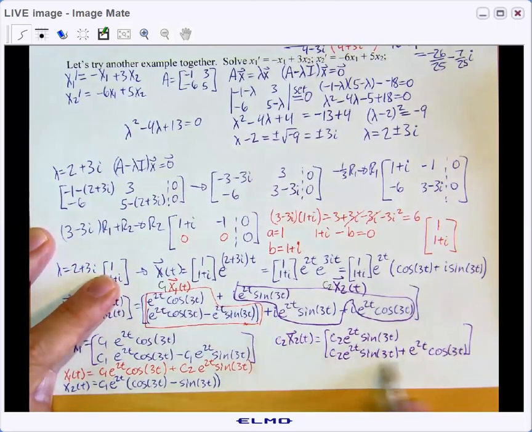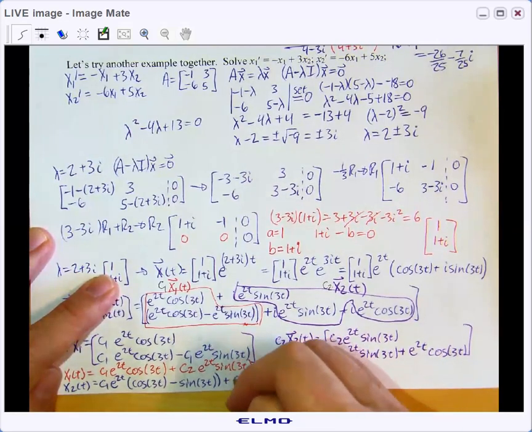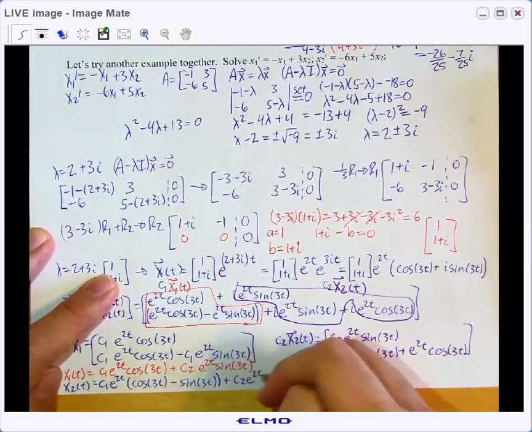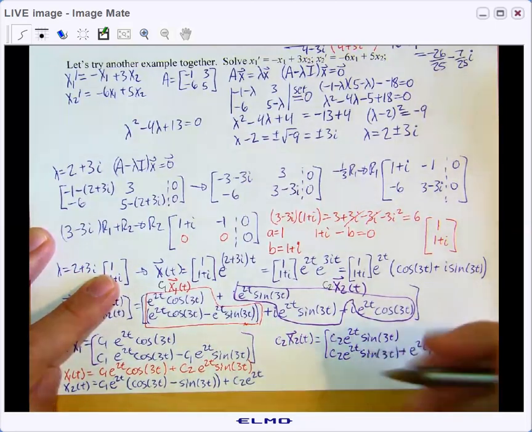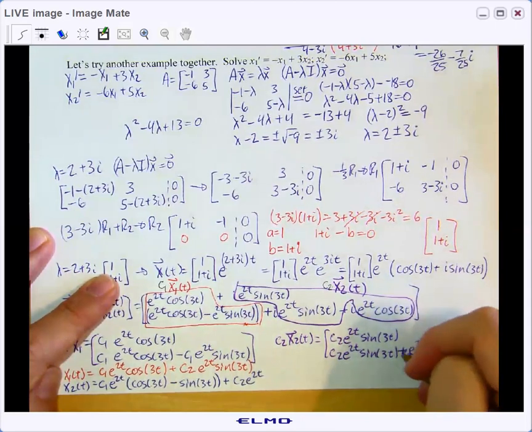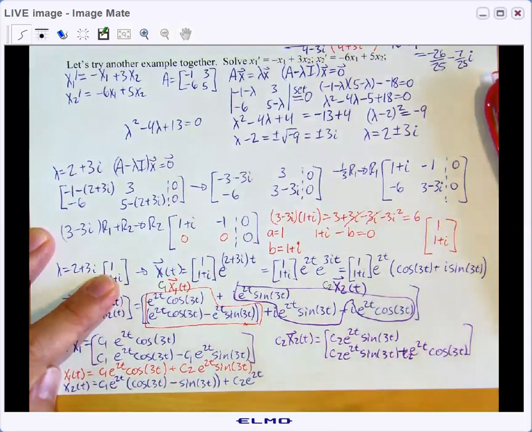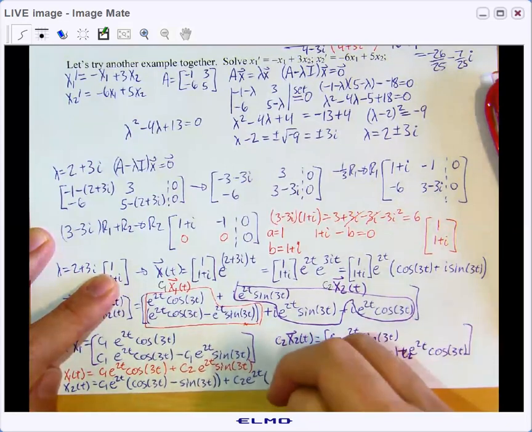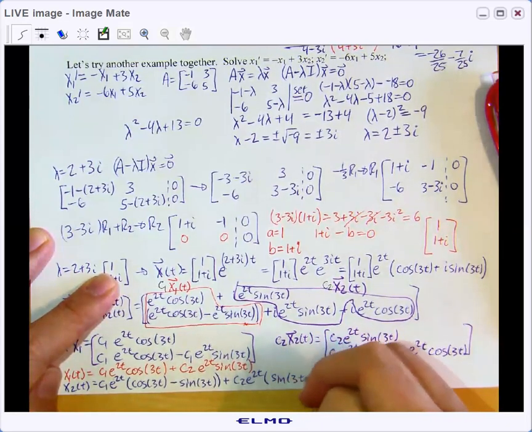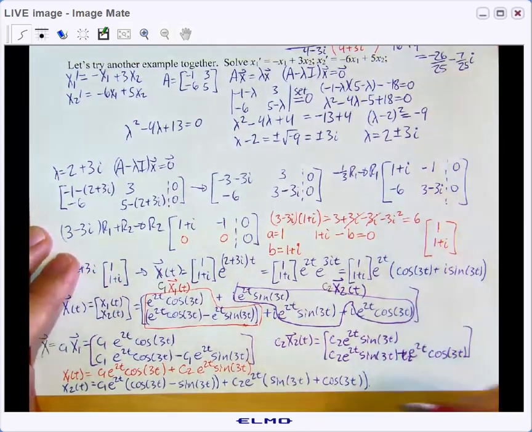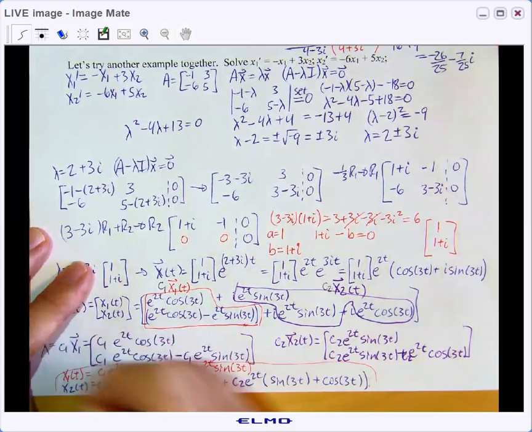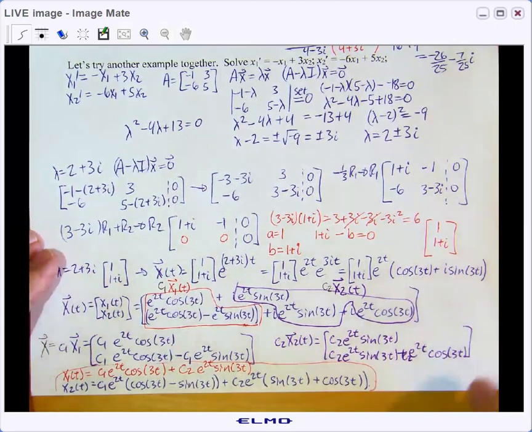And then plus this piece here, plus c2 e to the 2t, let's factor that out. Oops, I did forget the c2 here. There he is. Plus c2 e to the 2t times sine of 3t plus cosine of 3t. Okay. And that, my friends, is the final solution here to section 7.3.